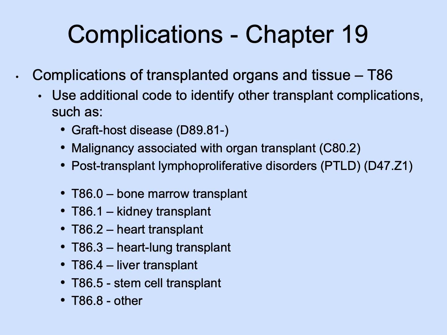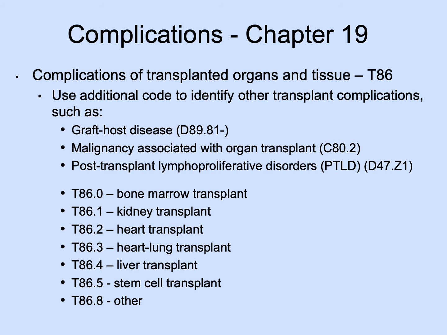Now, category T86 is complications of transplanted organs and tissues. Use additional code to identify other transplant complications such as, and it gives specific, you're going to use T86 and use additional codes. So T86 is first, and then you're going to use graft-host disease, malignancy associated with organ transplant.